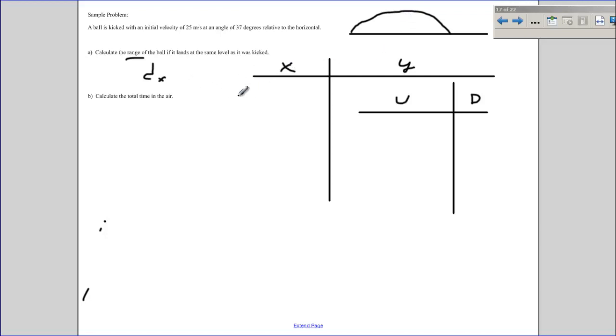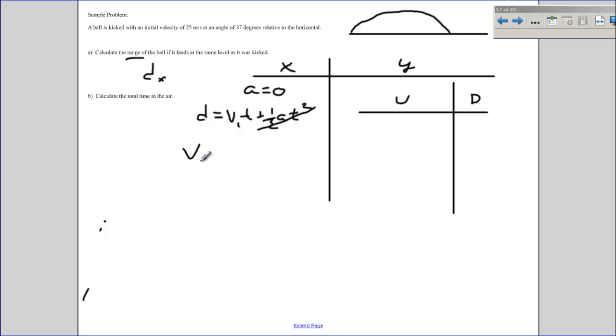Let's start with the x. You may remember, because of Newton's first law, the acceleration is equal to 0. Because we're looking for range, I'm looking for d, and because I'm using columns, I don't have to use subscripts. This looks like equation 2, vi t plus 1/2 a t squared. Because a is 0, that all goes out, and this turns into our familiar velocity as distance over time. I can get my range by knowing the initial velocity in the x direction and my time.